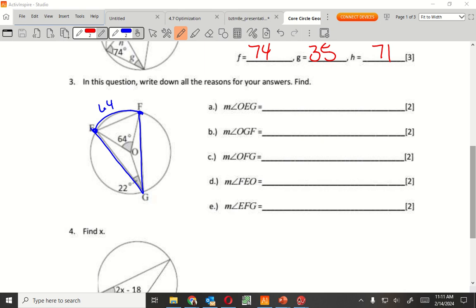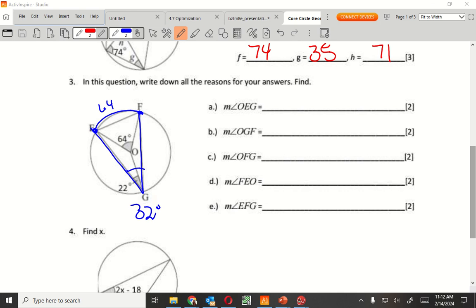So if my arc is 64, half of 64 is 32. So angle G, the whole thing, is 32 degrees.